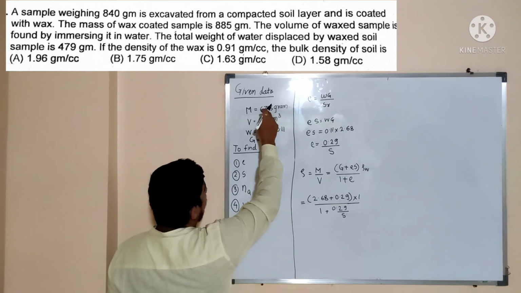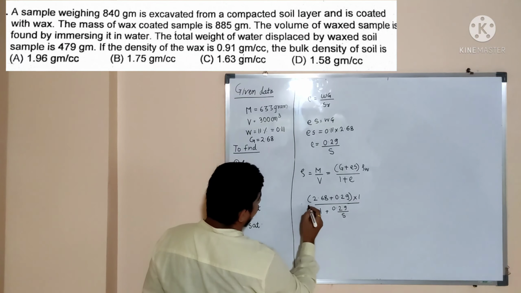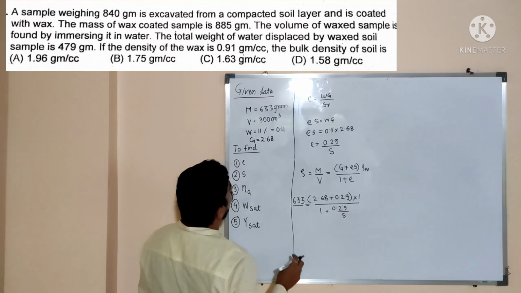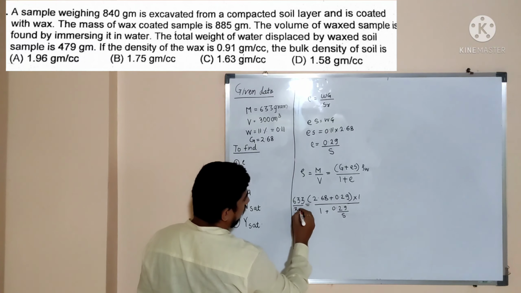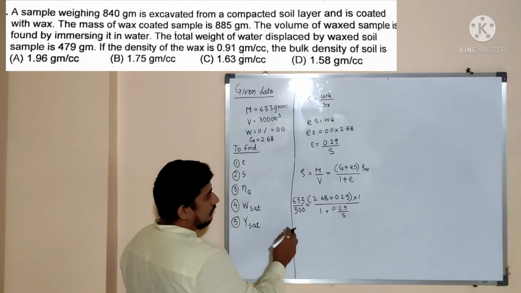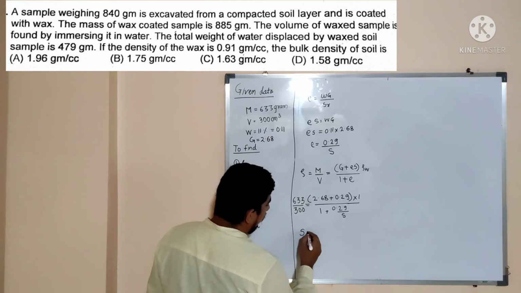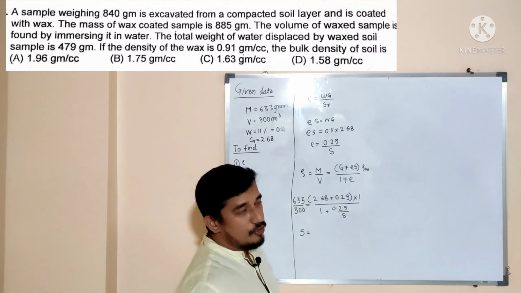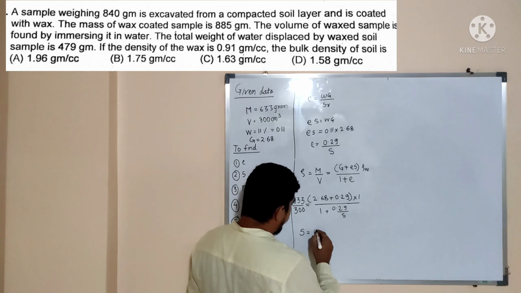The mass of the soil is 633 gram and the volume is 300 centimeter cube. Depending on this we can find out S. So we got the degree of saturation as 0.71.